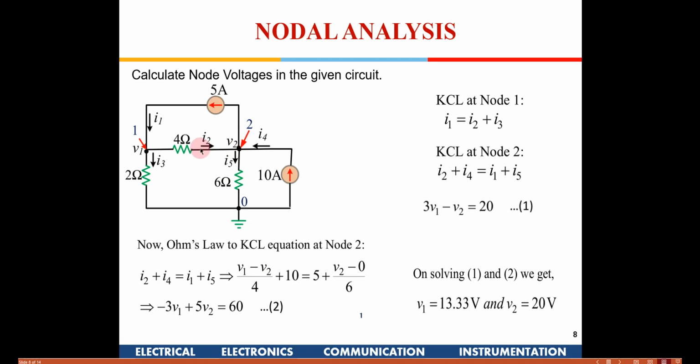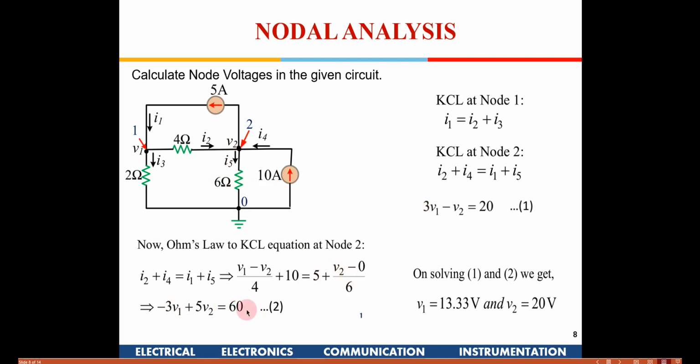So I2 is V1 minus V2 by 4 plus I4. I4 is this 10 amps which is coming into the node. So these two currents are coming into the node, and then which is leaving the node is 5 amperes. That's I1, we are going to replace it with 5 amperes, and this current is going to be V2 by 6, right. So now you get one more equation.